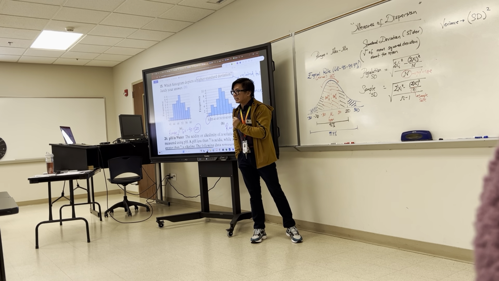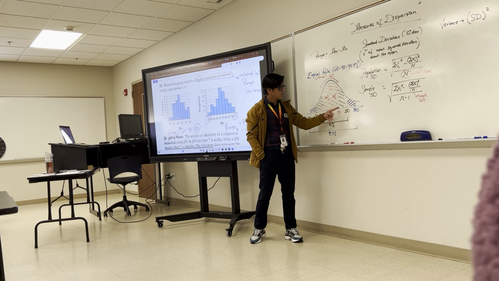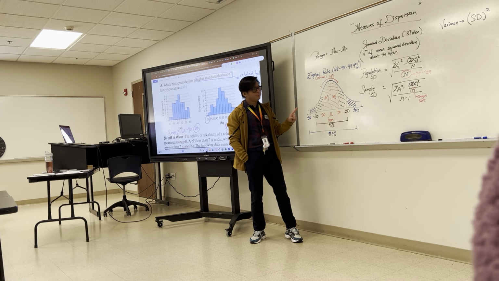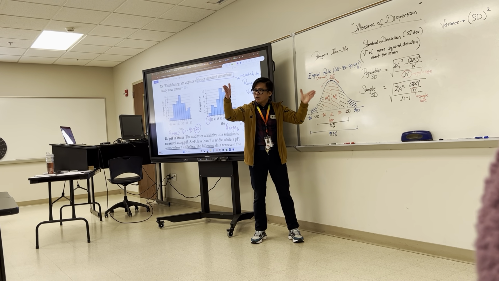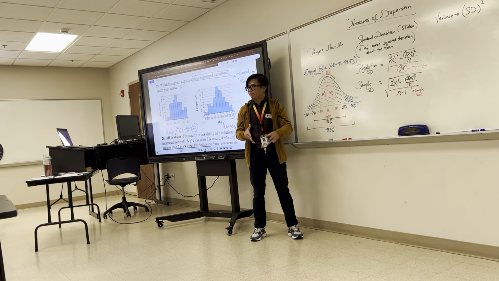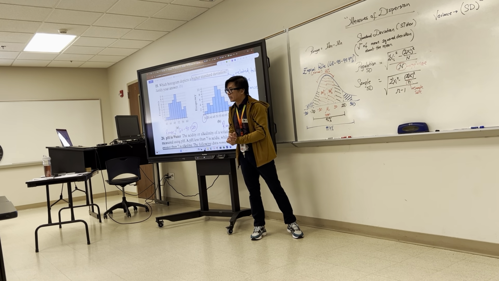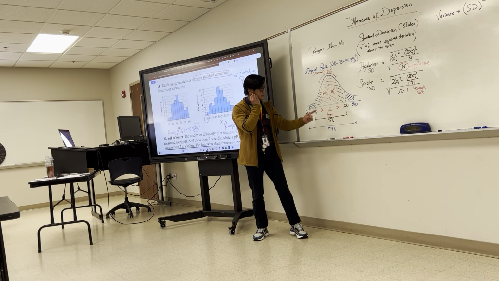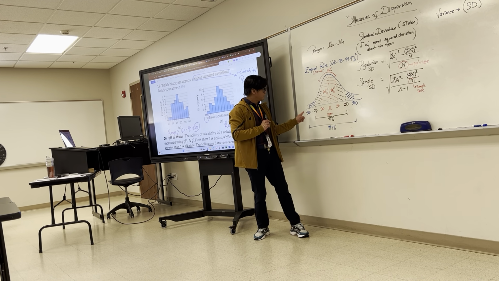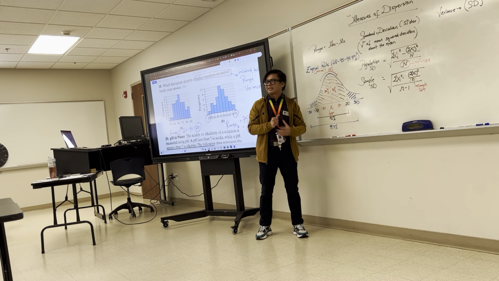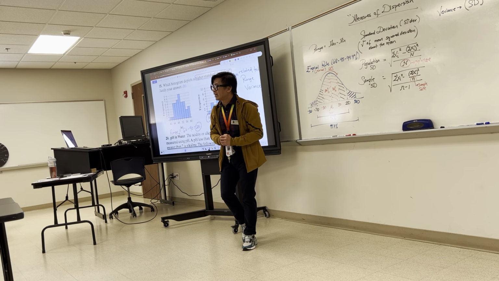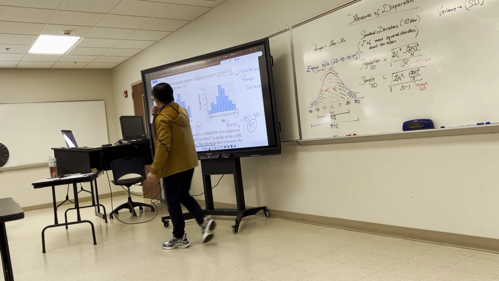Two standard deviations above and below the mean comprise 95% of the entire data. And three standard deviations above and below comprise 99.7% of our data set. Are we good, guys? Now, let's talk about this one.